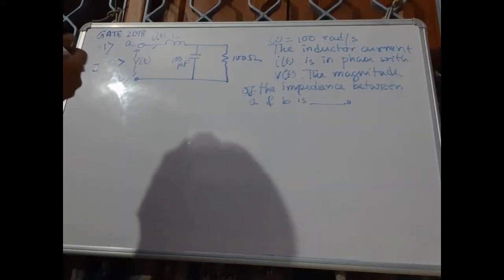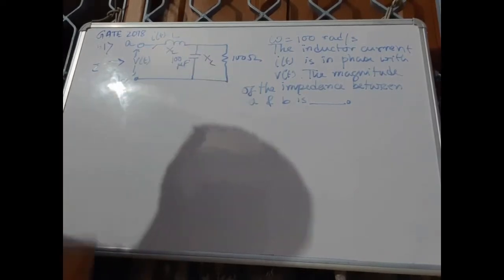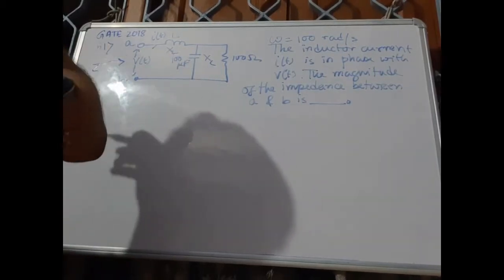So if this is XL and this is XC, what will be Z?